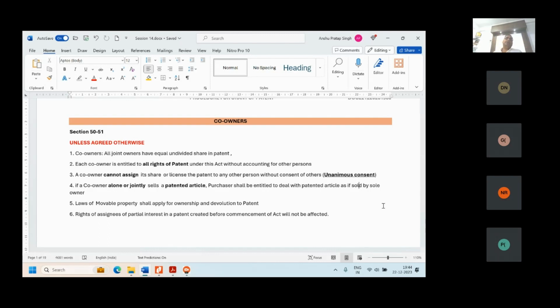The third part says that for all patents, the ownership and devolution related rights will be governed by the laws of movable property. That means a patent is considered movable property. What is movable property? Movable property is like bike, pen, pencil, book, all those are movable property.